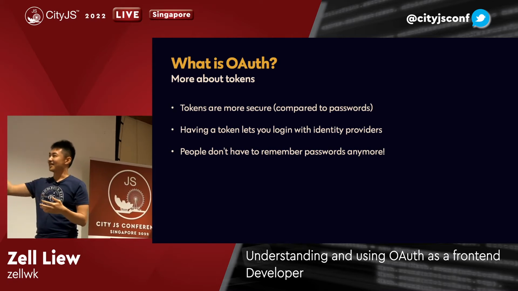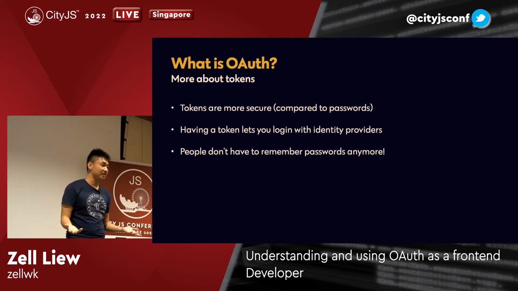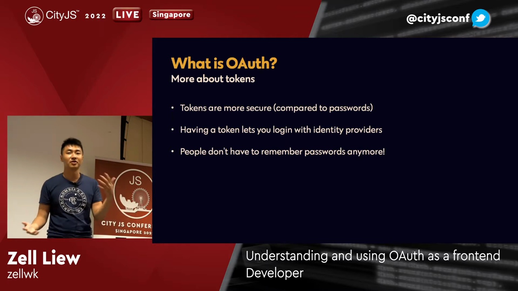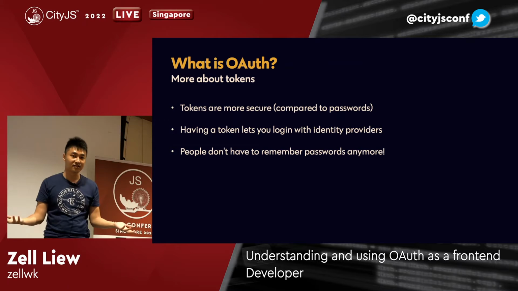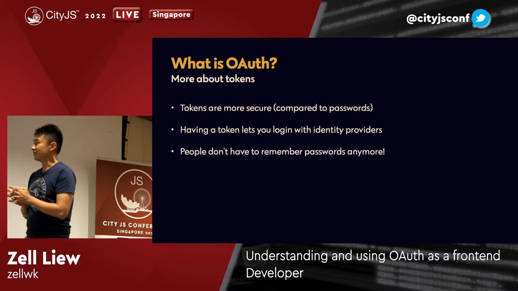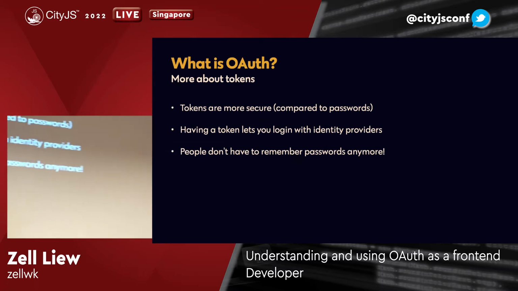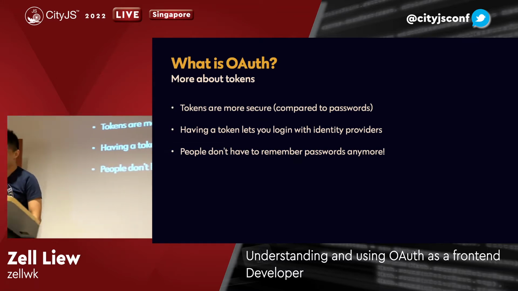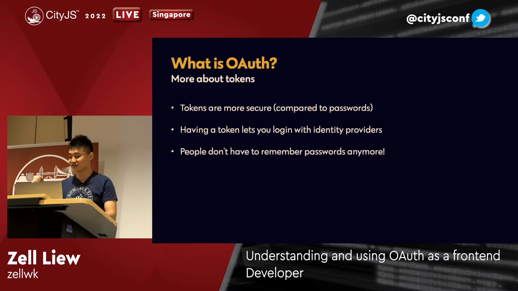Then having a token allows you to log in with identity providers, and it allows you, the user, to specify whether you give them the permission to access your email address, or allow them to post to your Twitter timeline, for example. That falls under the authorization scope. And people don't have to remember passwords when they start logging in with Google and Twitter and all that stuff, and then they start forgetting their passwords. Good job, everyone.